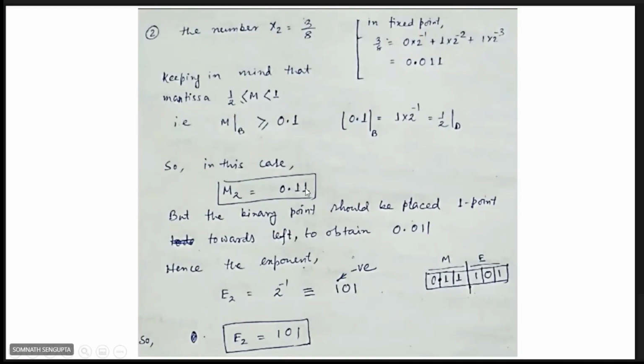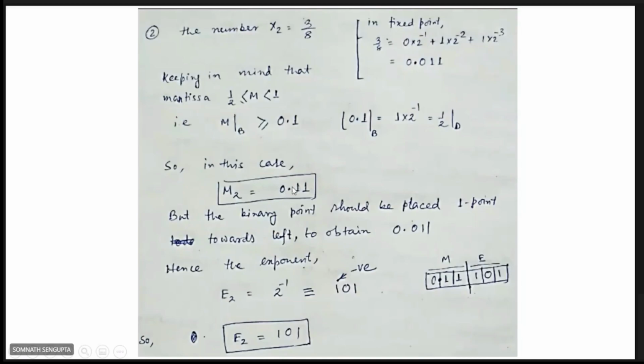Then in the Mantissa, we write 0.11, and in the exponent part, which is a separate register, you have to mention the position of the binary point. Where should the binary point be? The binary point should be moved left by 1 point.